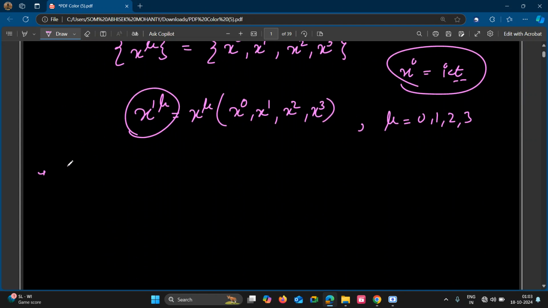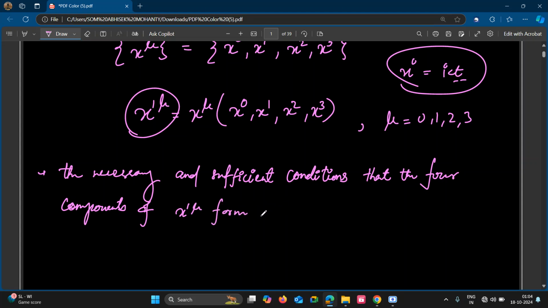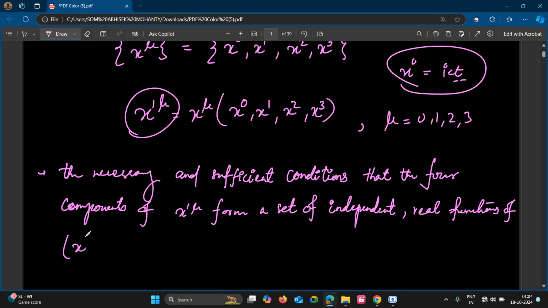So we can write down the necessary and sufficient conditions that the four components of x dash mu form a set of independent real functions of x0, x1, x2, and x3, is that their Jacobian should not be 0.